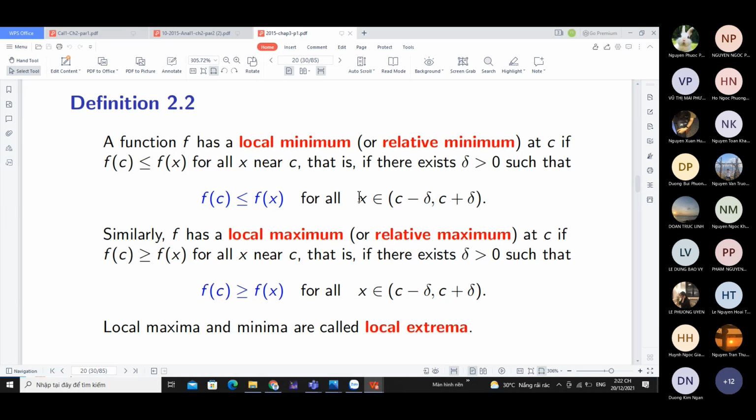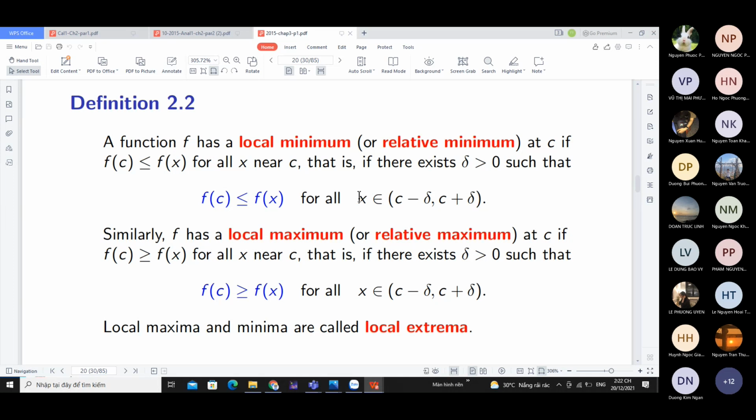It means that this is a neighborhood of c, so that f of c is the maximum value of the function f on this neighborhood of c. It also means f of c is greater than or equal to f of x for all x near c. Local maximum.